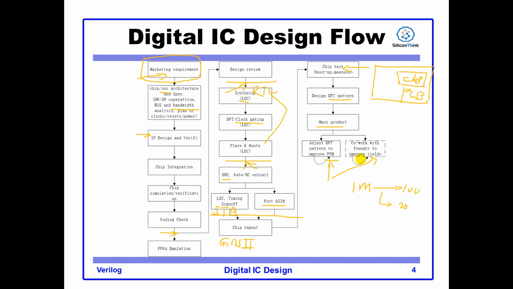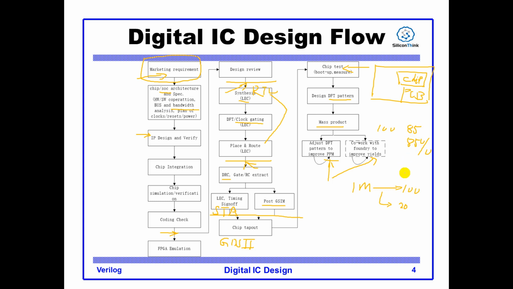And for yield, the design house will co-work with the foundry to improve the yield. If there are 100 chips returned from the foundry and after the DFT test, there are just 85 chips that can work well, the yield is 85%.